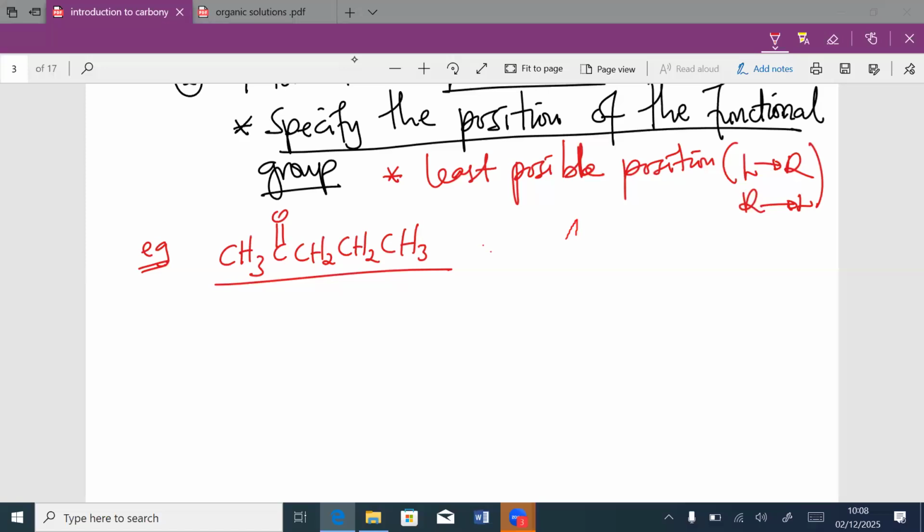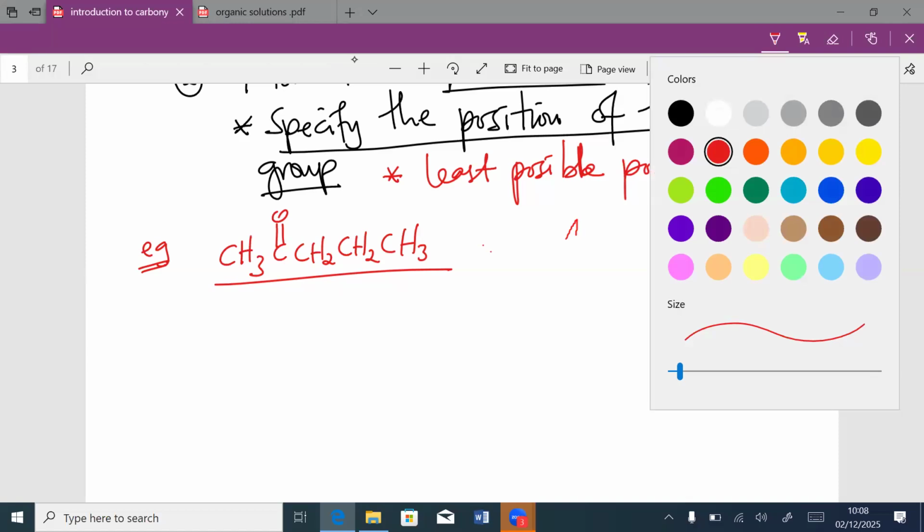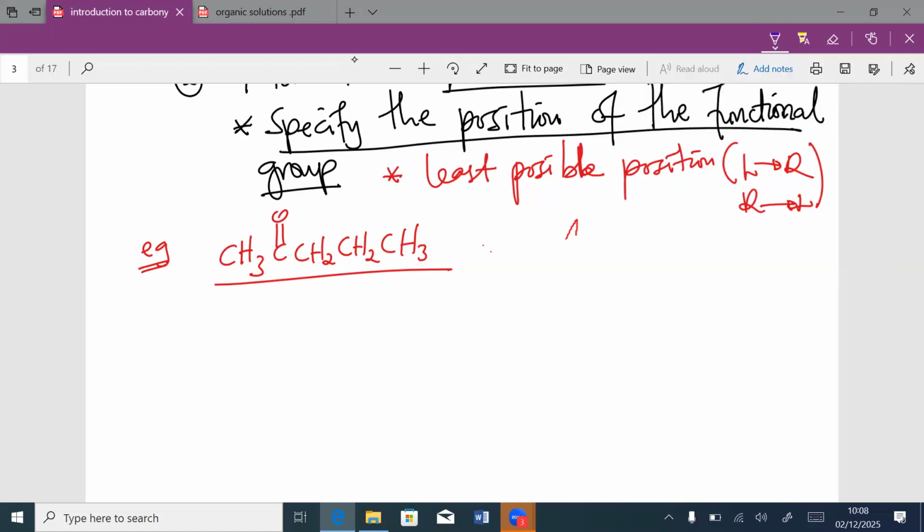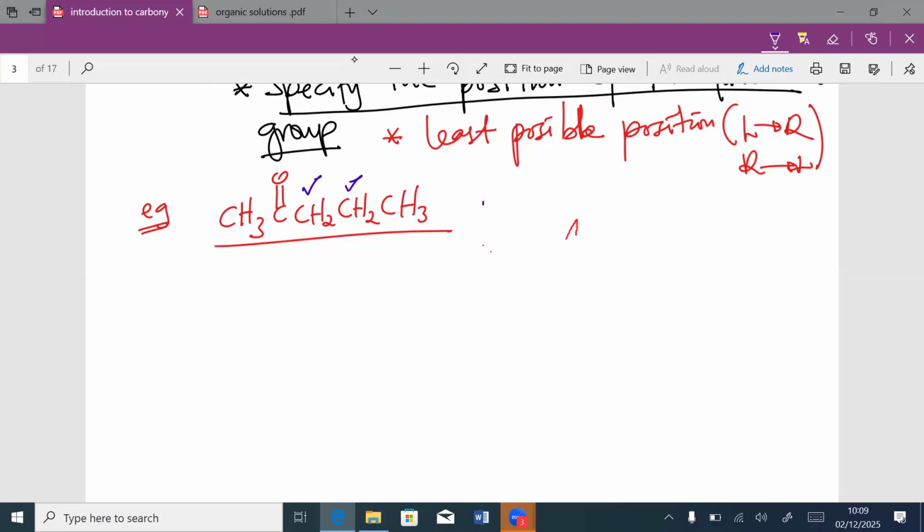You're seeing that. So you realize that with this compound, we have to specify the position of the functional group. Why? Because the functional group can as well be on that carbon atom, or it can be on this carbon atom. So that makes them different compounds. So firstly, we check the number of carbon atoms. There are 1, 2, 3, 4, 5. So if it is 5, it qualifies to be a pent. Now, what is the position of our functional group?